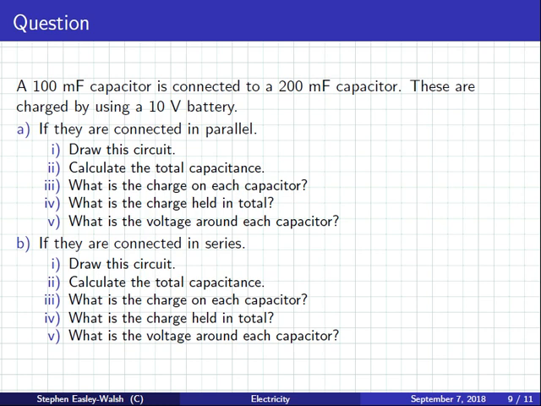So it's 3 over 2. No. Wait. Let's see, it's 1 over 0.1 plus 1 over 0.2.